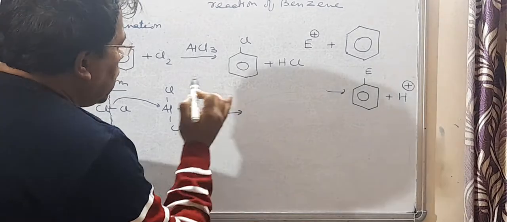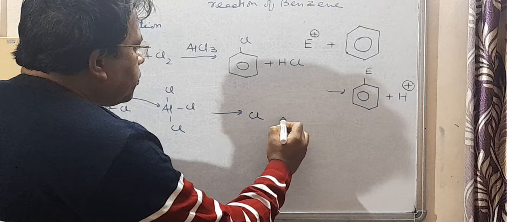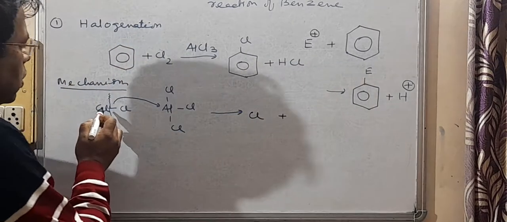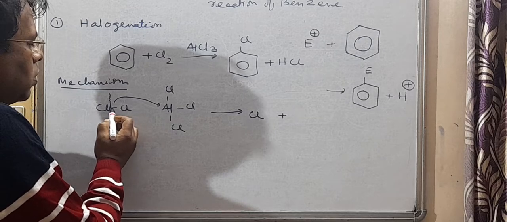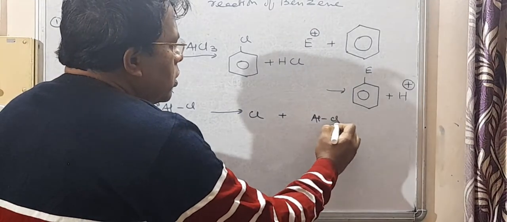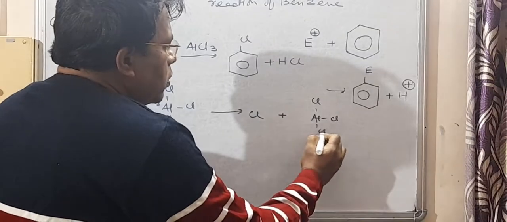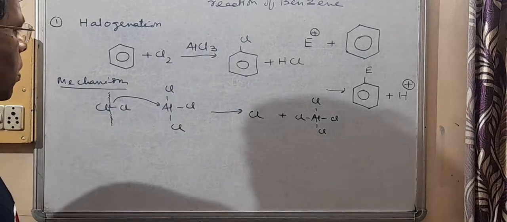So what will result because of this? Al, Cl, Cl, Cl, Cl. So this one will be formed.